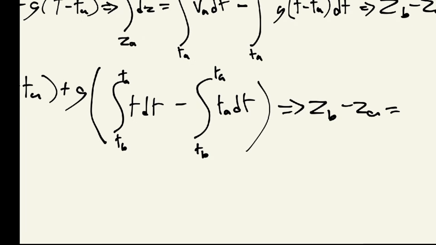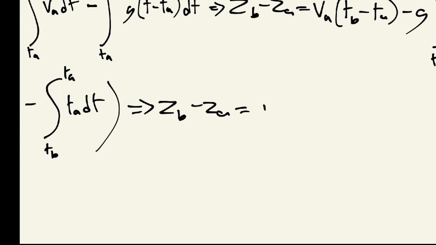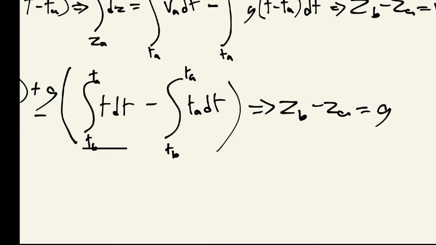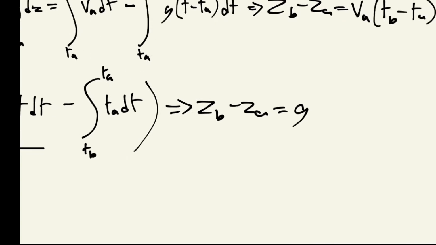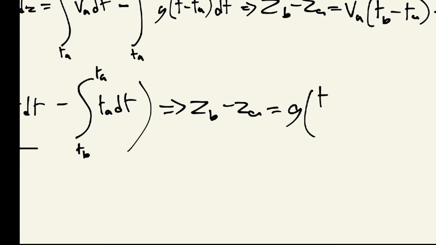Let's do this thing first. So we have g times, this is going to be t sub b minus t sub a. So equals g. Sorry, hold on. No. It's going to be t squared minus t sub b squared minus t sub a squared over 2. Yeah, so it's going to be g times t sub b squared minus t sub a squared over 2, right?